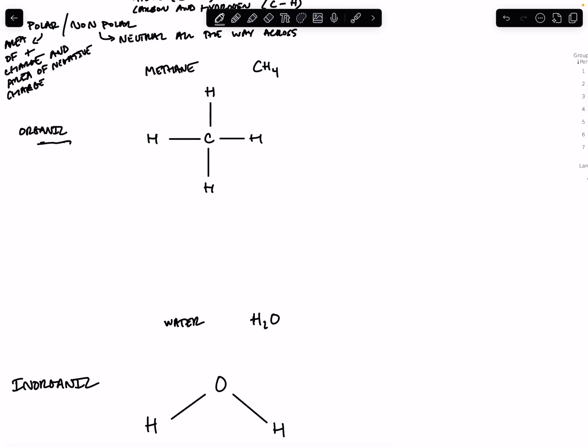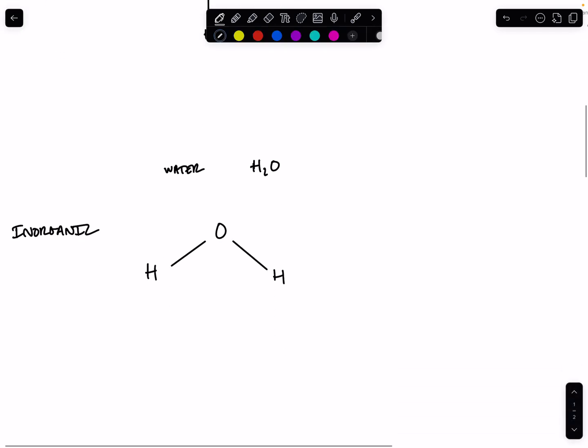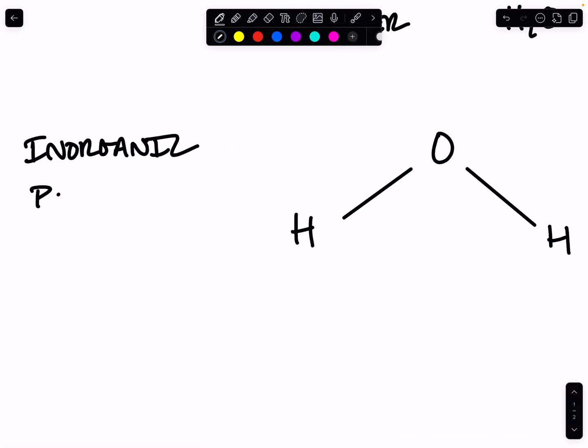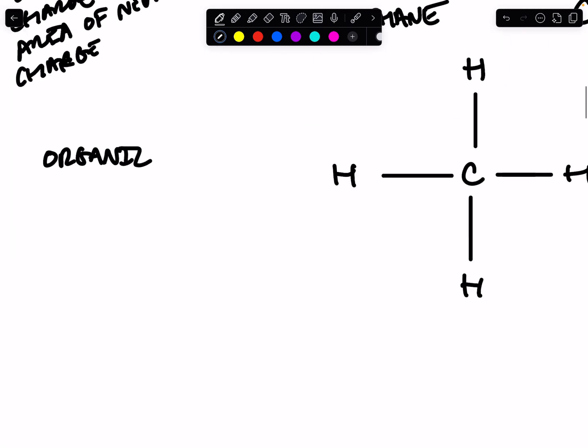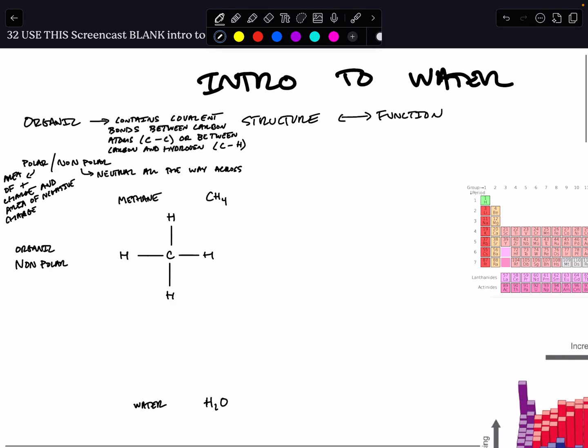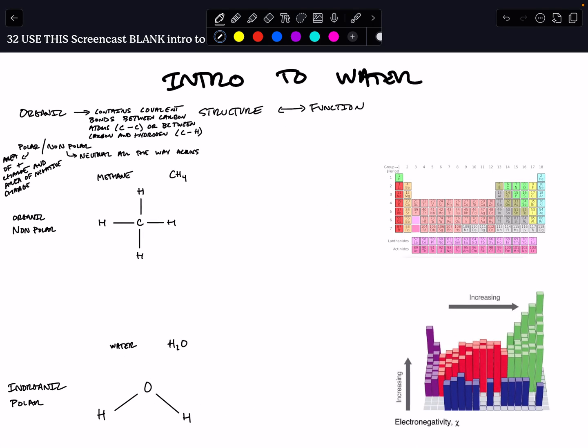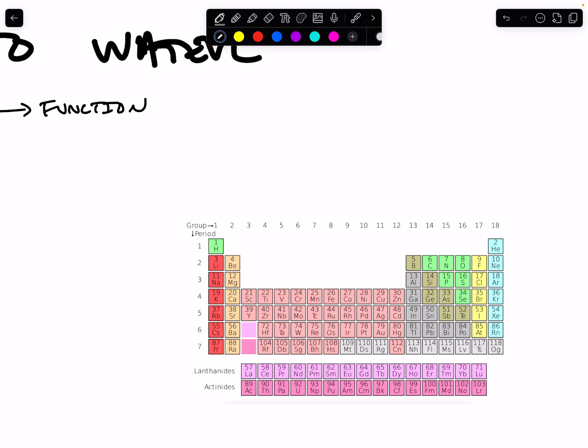Erase that. Sorry. Okay. Water, however, is polar, while methane is nonpolar. And the reason for that is something that's called electronegativity.